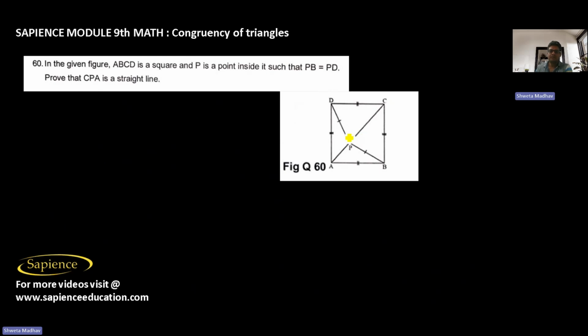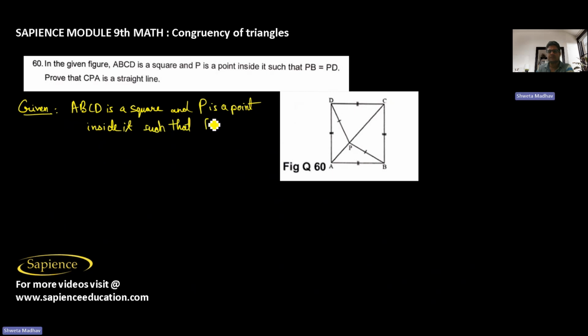And here it is told in the given figure, ABCD is a square and P is a point inside it, such that PB is equal to PD. Prove that CPA is a straight line. So now it is given that ABCD is a square and P is a point inside it, such that PB is equal to PD.